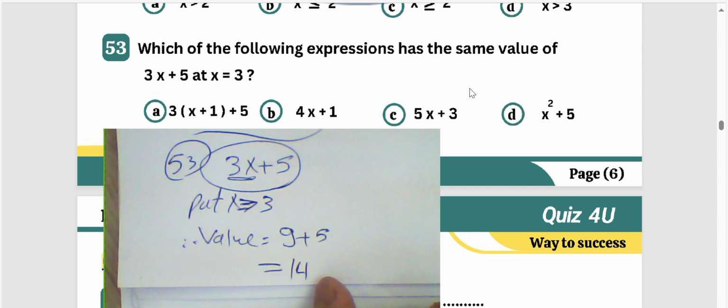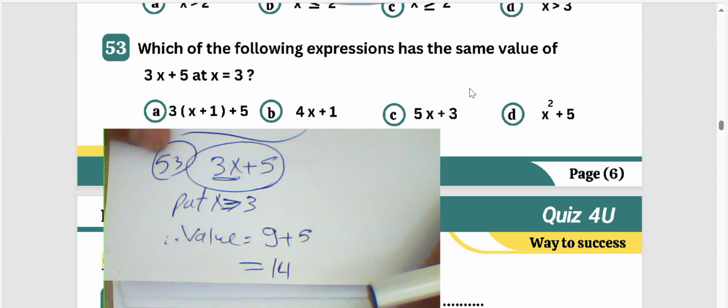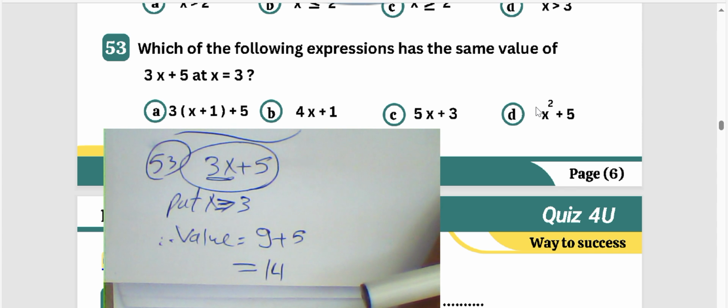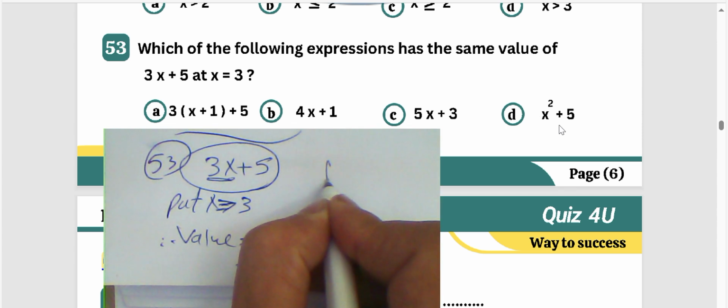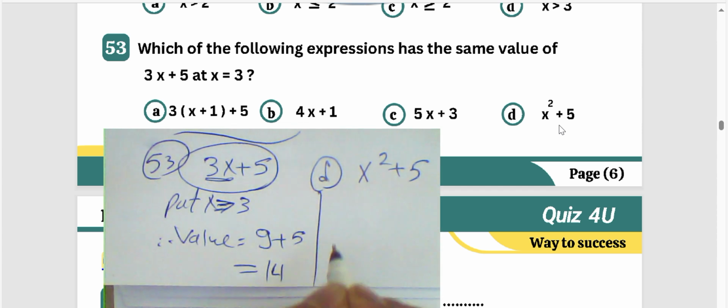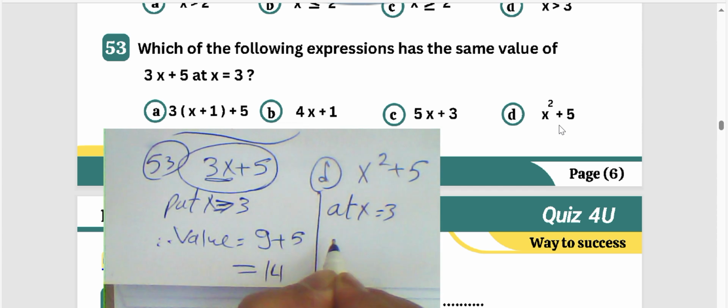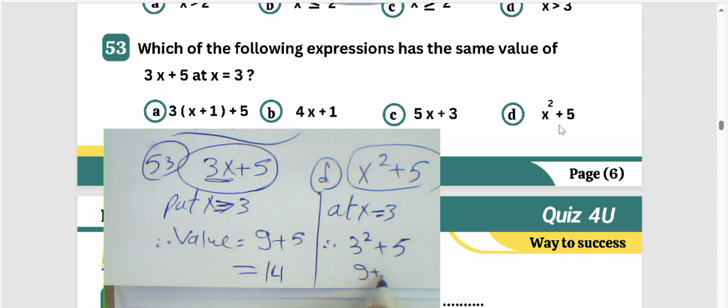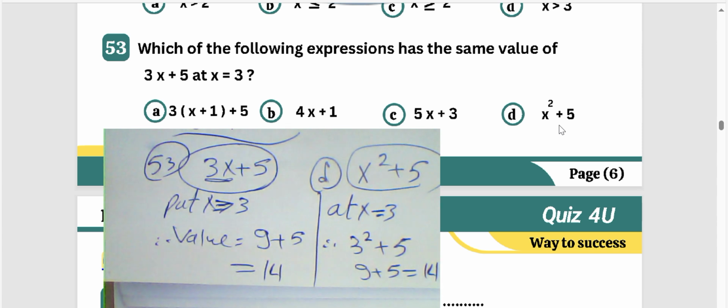He asked about the equivalent result. In this example, if we put x equals 3, 3 power 2 is 9, and 9 plus 5 equals 14. It shows letter D, because x power 2 plus 5 is equivalent at x equals 3. Then 3 power 2 plus 5, 3 power 2 is 9, 9 plus 5 equals 14.